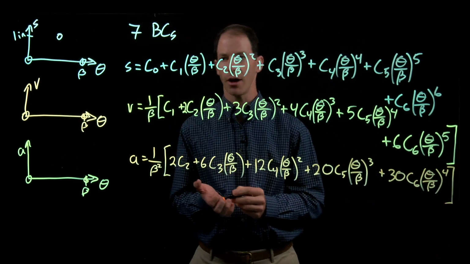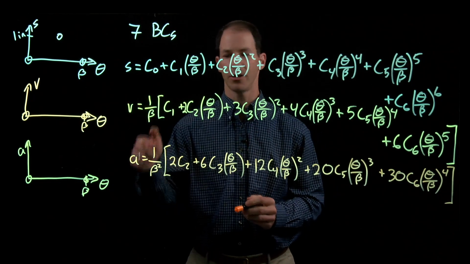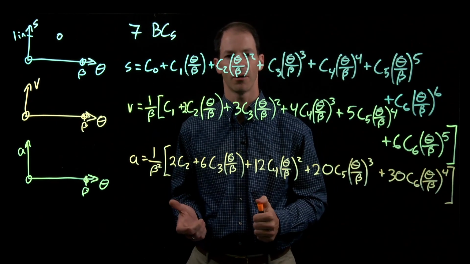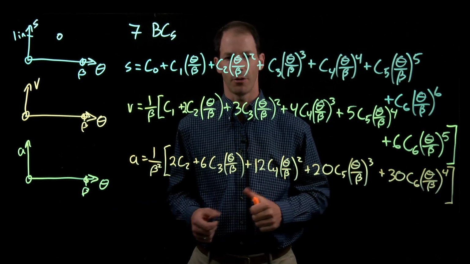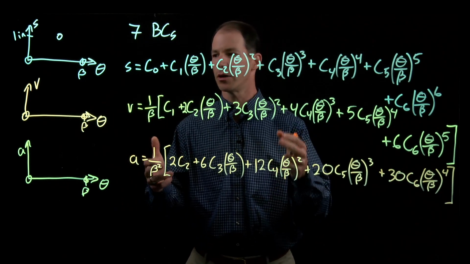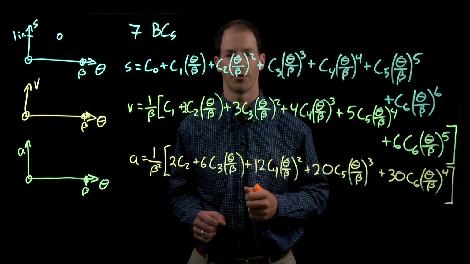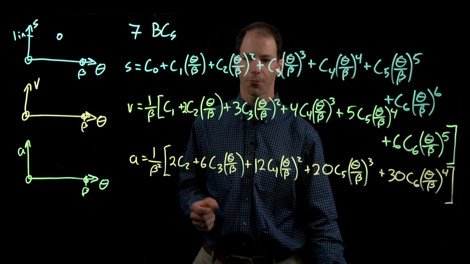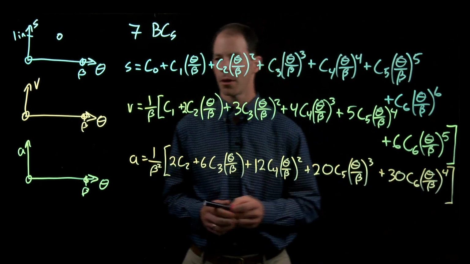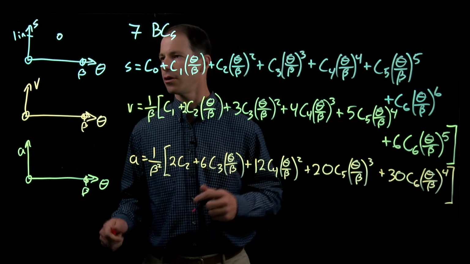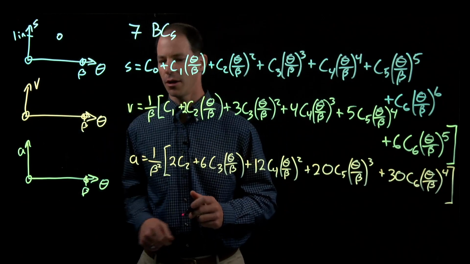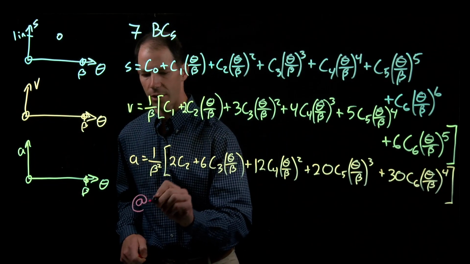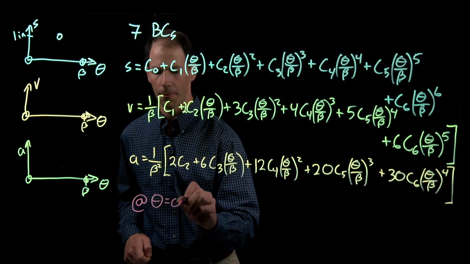All right, so now I have position, velocity, and acceleration equations here that describe my polynomials. The reason that I took these derivatives is because I have boundary conditions on these derivatives as well. So let's look at what those boundary conditions will now do to us. I can look at what happens at a value of theta equal to 0.